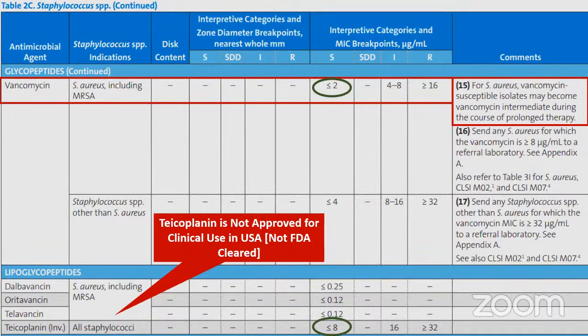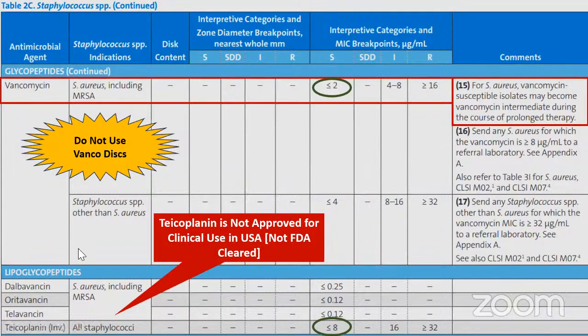Why we are insisting on teicoplanin is because of the breakpoint to MIC ratio. The susceptibility breakpoint of teicoplanin is much higher as compared to vancomycin, and therefore the MICs we get for teicoplanin are also much lower. So the ratio of the susceptible breakpoint to the MIC obtained is much higher in the case of teicoplanin as compared to vancomycin.